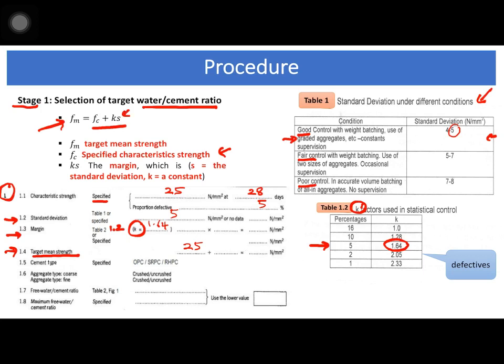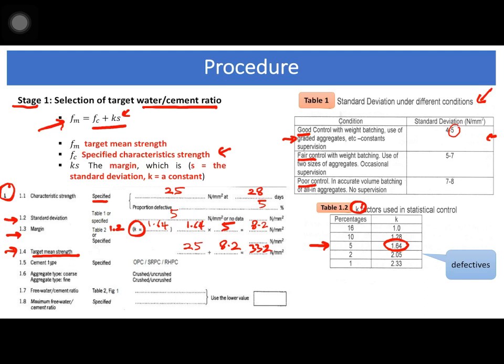For this case, the KS is 1.64 multiplied with 5. So what is the answer? Here, the answer for the KS is equal to 8.2. Then you can determine the target mean strength FM. So FM is equal to 25 plus 8.2. So it's equal to 33.2 Newton per millimeter squared.